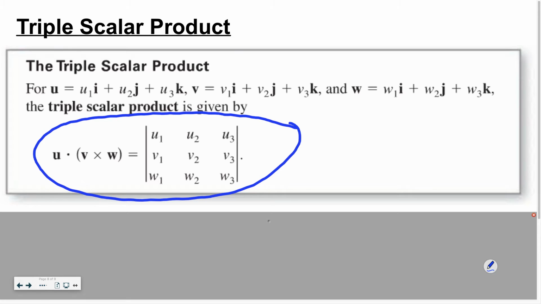Write it down. Since we have a dot product of two vectors, our answer will be a scalar, which you can see, you're going to just put a bunch of numbers in that determinant. So your answer is going to be a scalar.